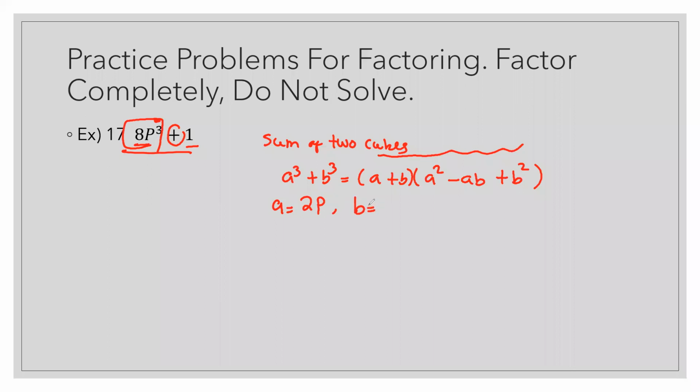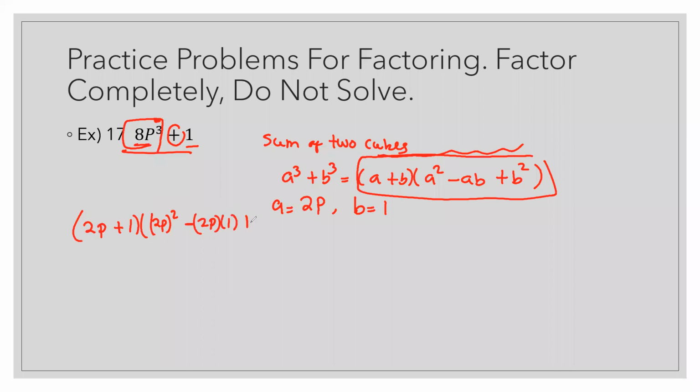And then b, what is your b value? What number when cubed gives you 1? 1, right? Once you know your a and your b, just put it exactly like the right side. So it's a plus b, so it's 2p plus 1, and then a squared. You could just write it out as 2p squared for right now, we'll clean that up later, minus ab, so that's 2p times 1, plus b squared.